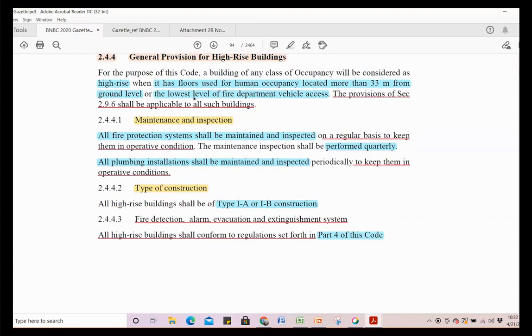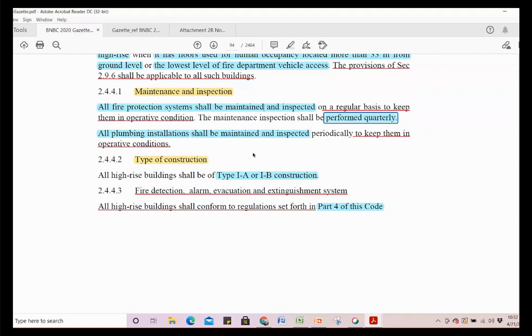So what will happen to this particular type of arrangement? When we make a high rise, we need to maintain and inspect it at regular intervals. So all fire protection systems shall be maintained and inspected on a regular basis to keep them in operative condition. The maintenance inspection shall be performed quarterly in all high-rise buildings. So it is more of an operational guideline.